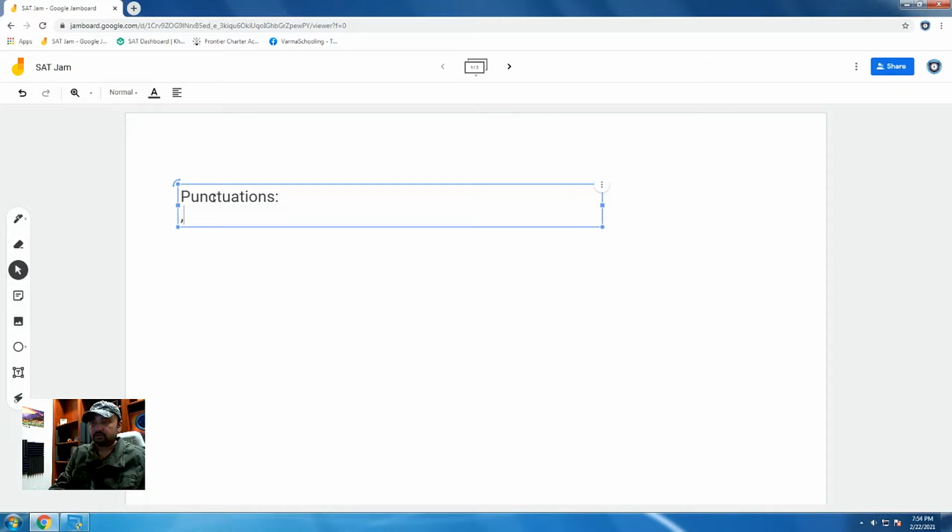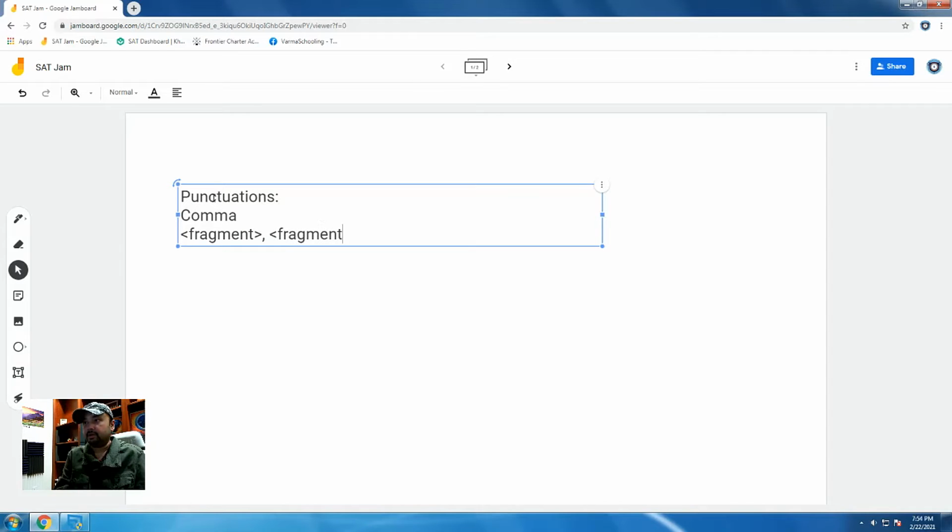So sometimes the structure of a comma is, and again, these are fairly basic, and I'm going to try to do it as quickly as possible without giving a whole history about comma. So comma structure is almost like this: fragment, which is an incomplete sentence, then you have a comma, you have a fragment. Okay?